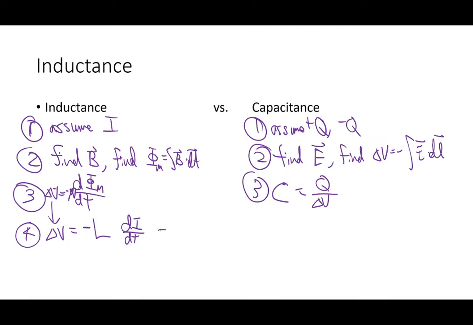So in fact, L would then be given by whatever delta V or EMF you find divided by di dt. And then I would hopefully cancel out at that point.